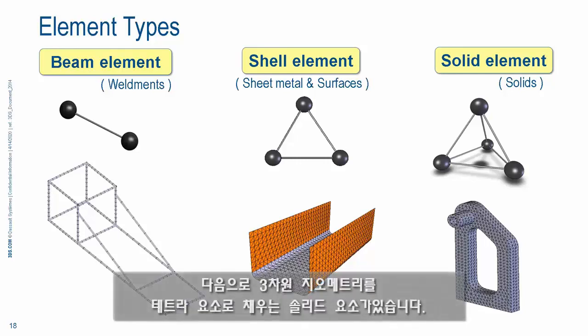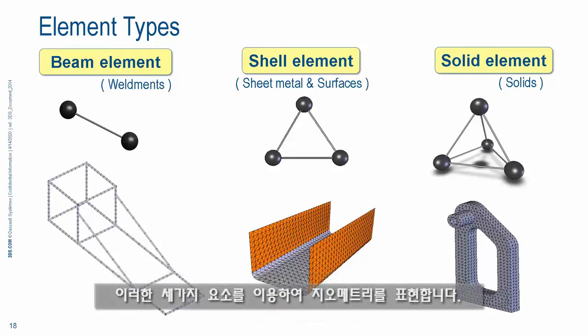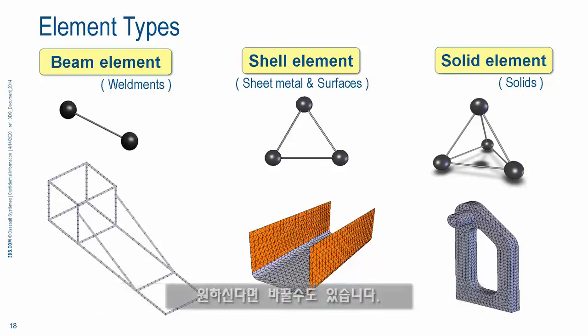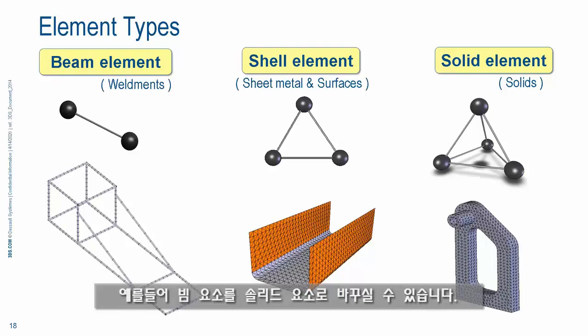And then we have the solid element, that is a tetra element that fills out the 3D geometry and captures the geometry with these kinds of elements. These elements can combine with each other. You can use them together in an assembly, and you can also change them if you want to. If you want to have a beam element, you can change that into a solid element, for instance.